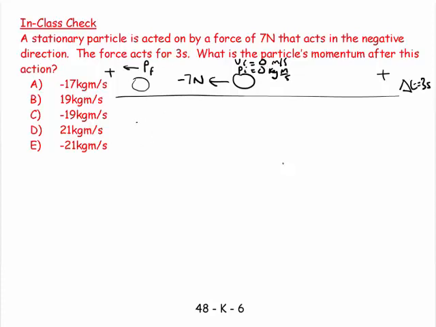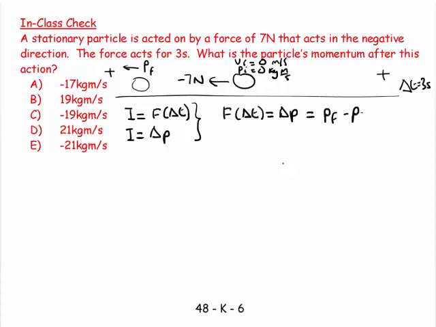Okay, so I actually know that impulse is equal to force times my duration, and I also know that impulse is equal to my change in momentum. Those are the two equations that come to my mind quite readily. And so if I put these guys together, I know that my force times my duration is equal to my change in momentum, which equals P final minus P initial.